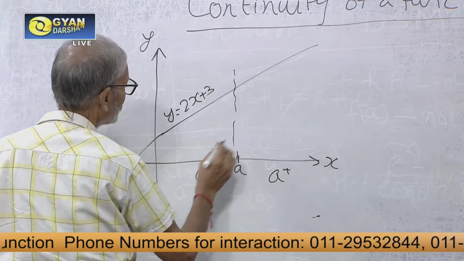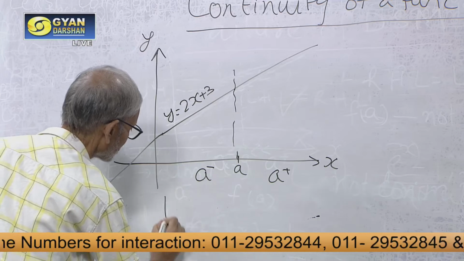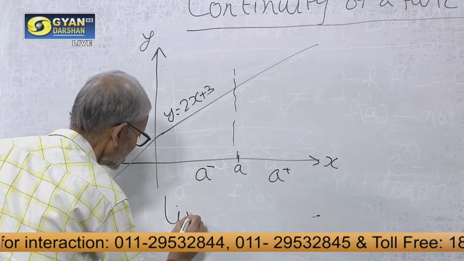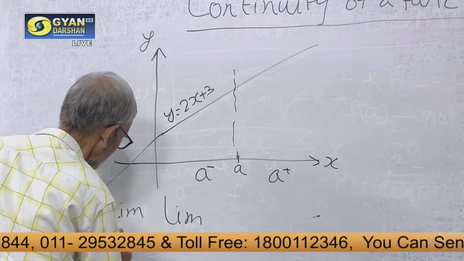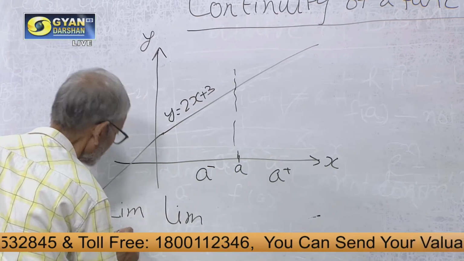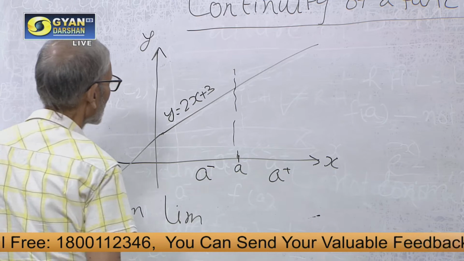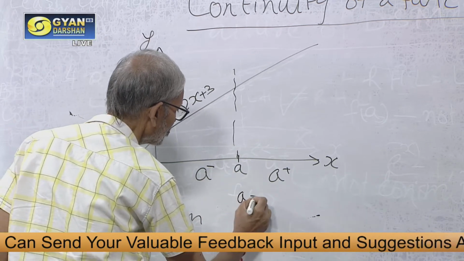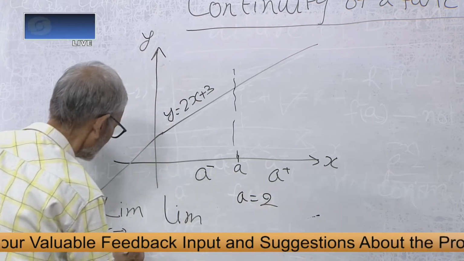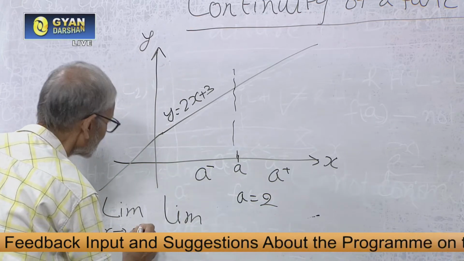The value of left hand limit, say let us take a is equal to 2.